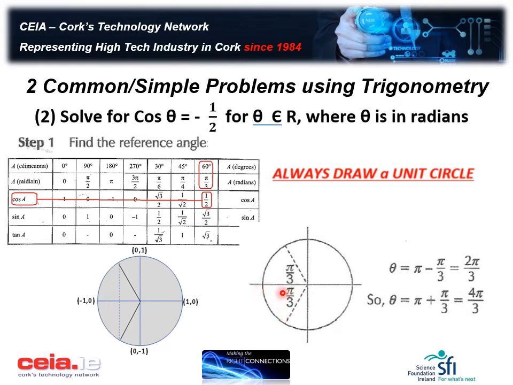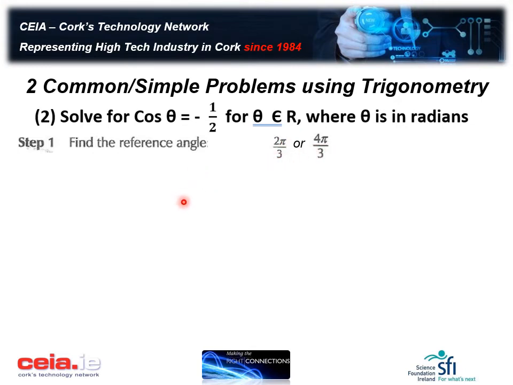So imagine an angle that is pi minus pi over 3, which is 2 pi over 3, or an angle which is pi plus pi over 3, which is 4 pi over 3. But either way, however you want to imagine it, you will end up with solutions for theta that are 2 pi over 3 or 4 pi over 3. So that's step 1.